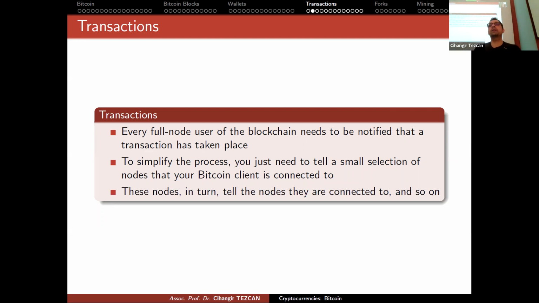So whenever you hear a transaction, if you're a full node, maybe you hear it from the person who wants to make the transaction, but maybe you are in the fifth or sixth hop. Maybe the person who announced it connected to only a few nodes, they connected to a few other nodes, and so on and so forth.